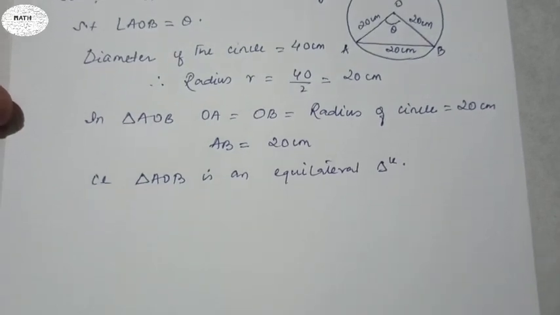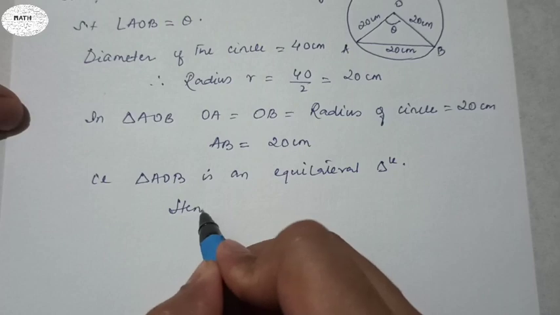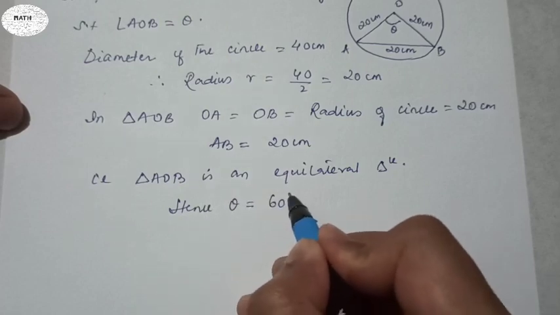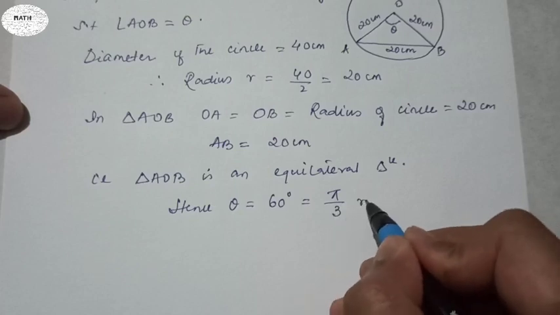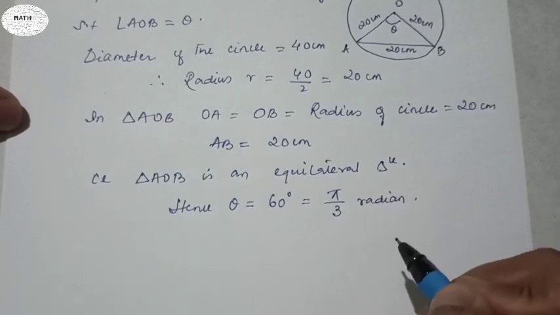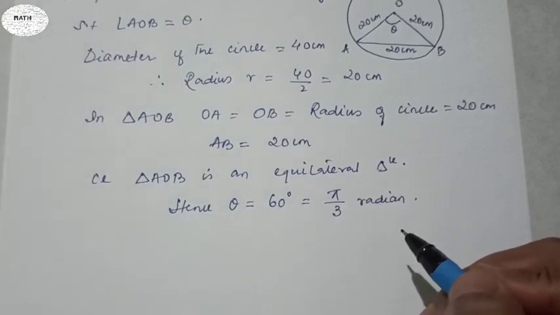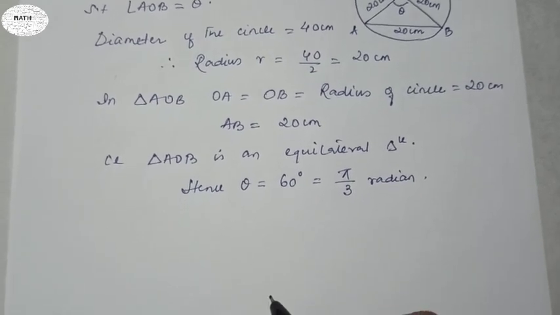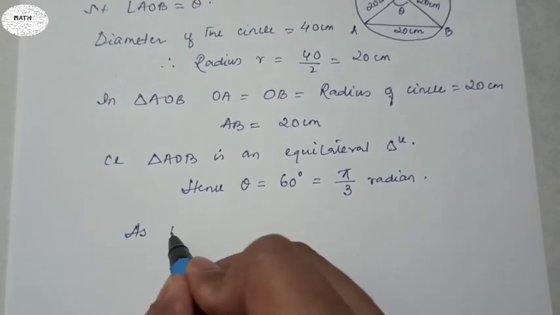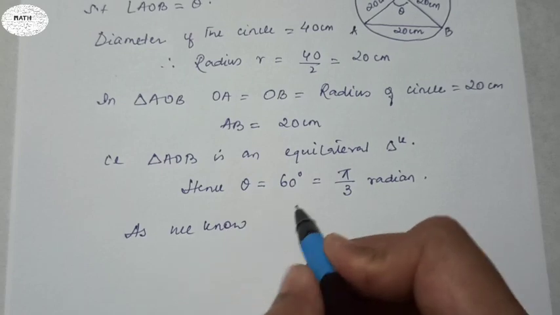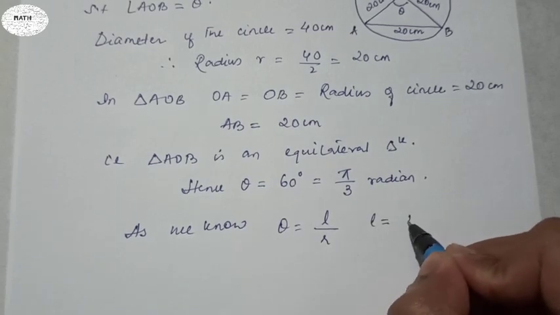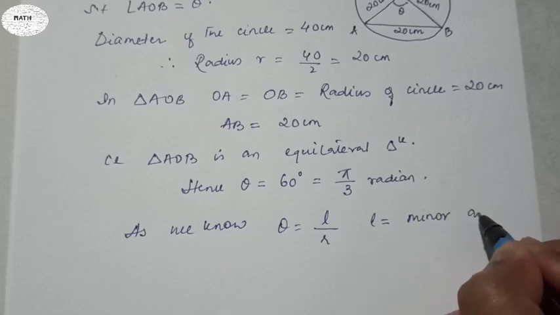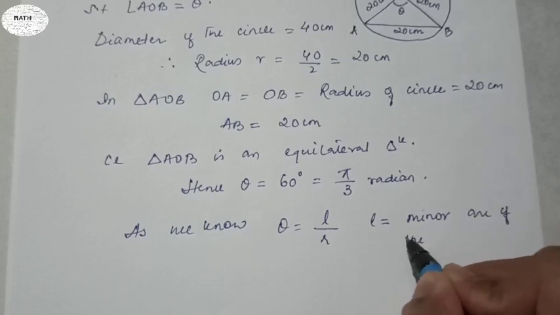Okay, so if it's an equilateral triangle, I can say that hence theta is nothing more than 60 degrees, which means pi by 3 radian. And how did I get that? Using question number 1, I would say. As we know the formula, theta is equal to L by R, where L is nothing more than your minor arc of the chord.